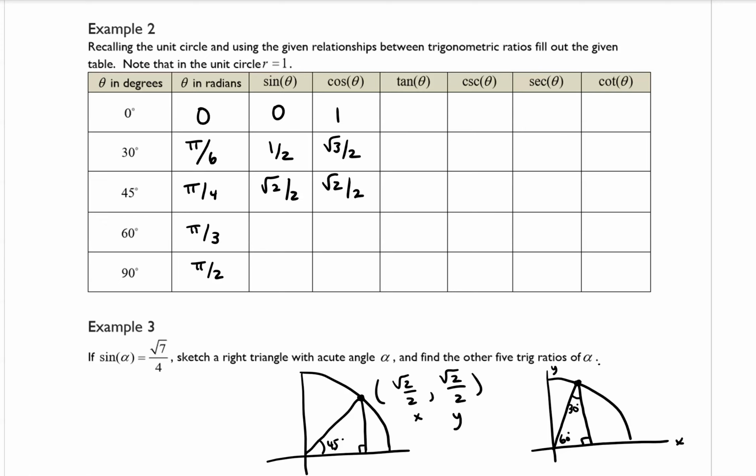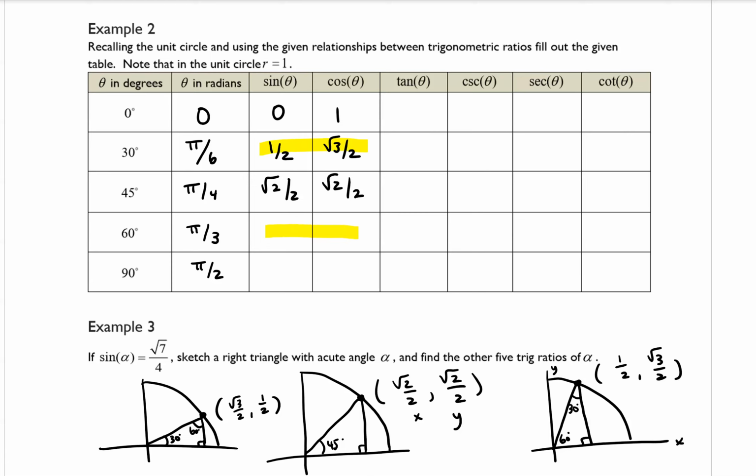And so what ends up happening is this terminal point is (1/2, root 3 over 2), which has the coordinates flipped from the 30-degree angle, which should kind of make sense, because if I draw my 30-degree triangle here, if this is 30 degrees, then this angle is 60 degrees, and so the terminal point is going to be the same point, just with flipped coordinates. So this is going to be root 3 over 2, and this is going to be 1/2. So these are going to be the same down here, just flipped.